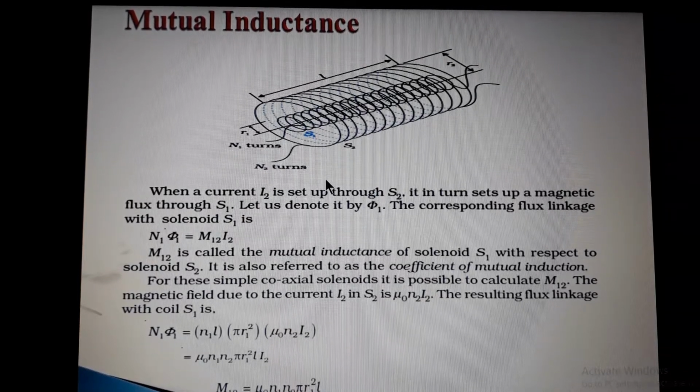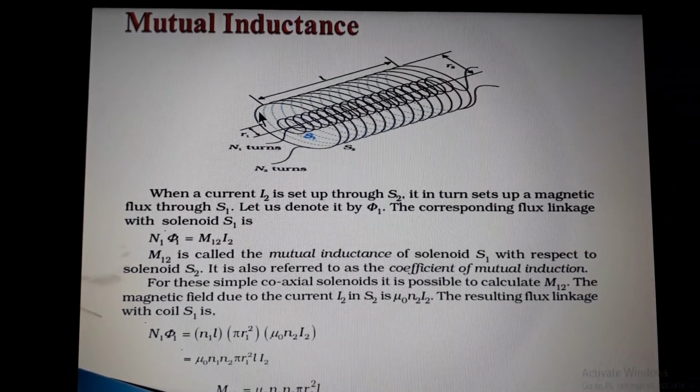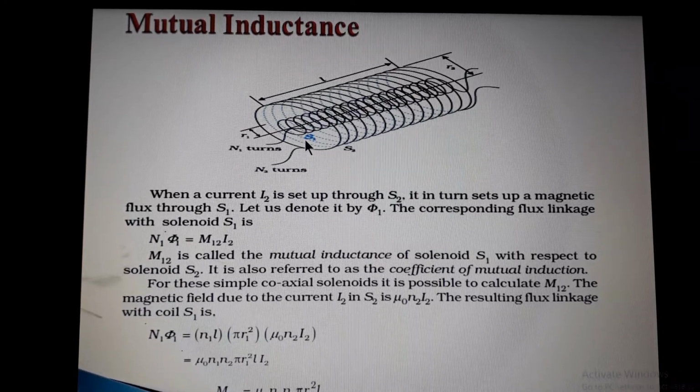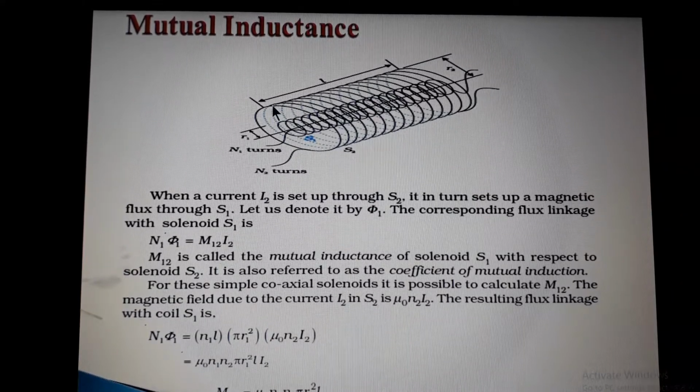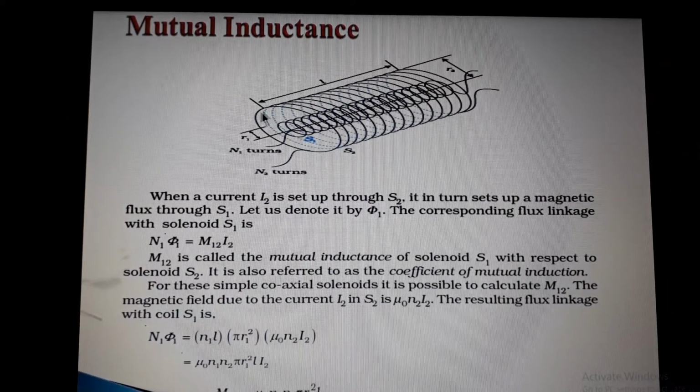Now understand what I want to say: in any coil, if current flows, a magnetic field is generated, and that magnetic field is linked with the other coil. Suppose current flows in the outer coil.